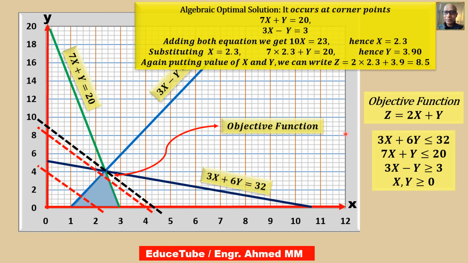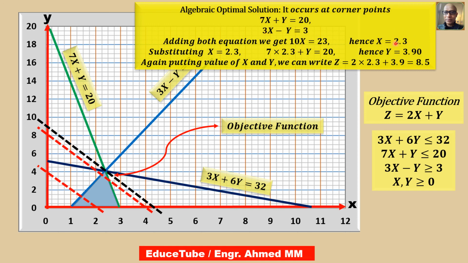So we have to take these two lines, this line and this line, I mean 3x minus y and 7x plus y. Look at the equations: 7x plus y, 3x minus y. Actually our target is to find the values of x and y, I mean these intersecting points. So if we add these, y cancels, so 7 plus 3, 10x equal to 23.